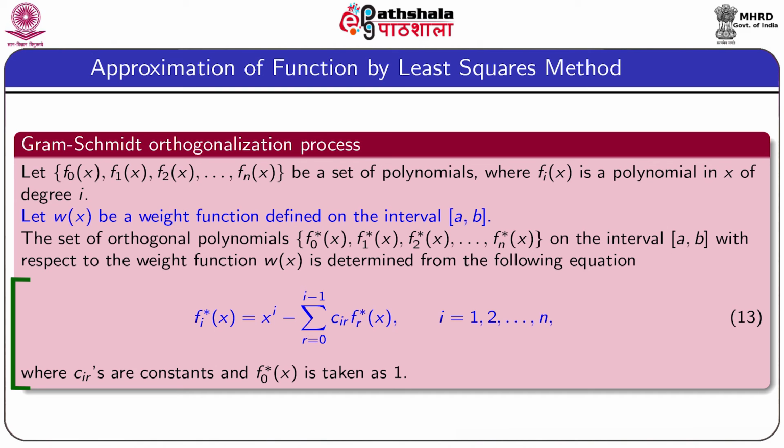The zeroth orthogonal polynomial f0*(x) is taken as 1, and c_ir are the constants whose values are to be determined using the least square method.